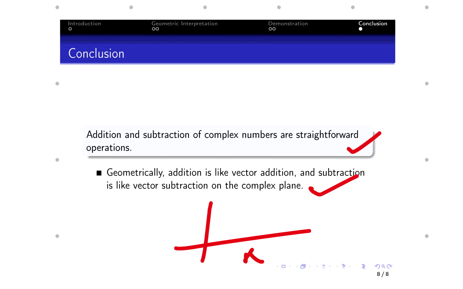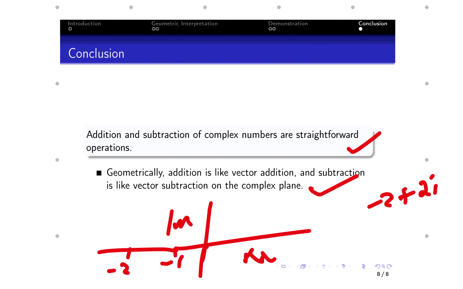So if you want to represent, let's say, minus 2 plus 2i, right? This is minus 2 on the real axis. So let's say this is minus 1, this is minus 2. So you have minus 2 all this way. And then on the other part, you have the imaginary part, which is 2 on the vertical axis.